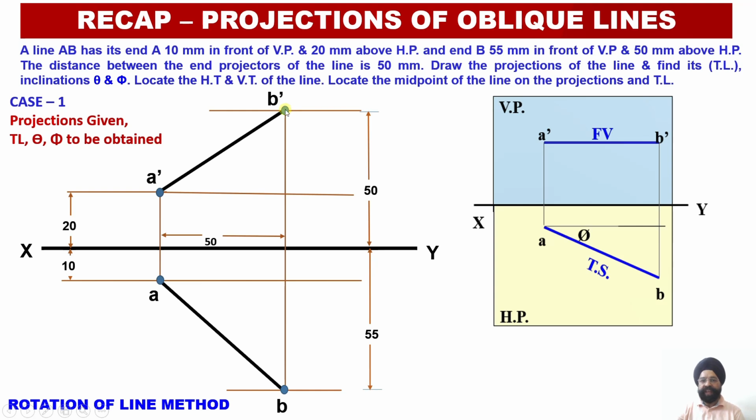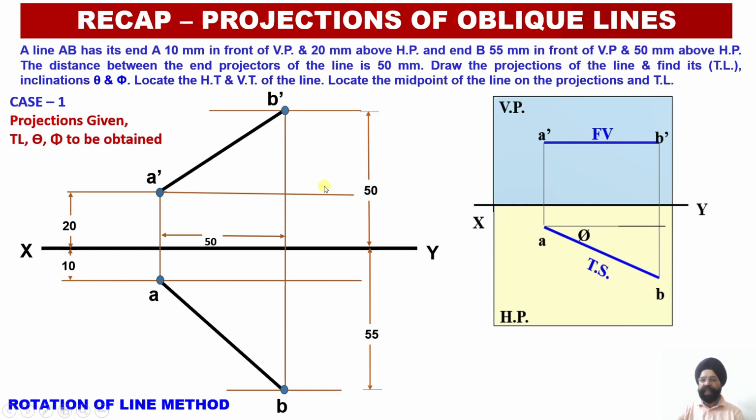So here you can see we are going to use the rotation of the line method. Here will be my needle point. The 4 locus lines we have to draw because we have to rotate the lines and draw the perpendicular projections from there. My compass pencil point will be this one.